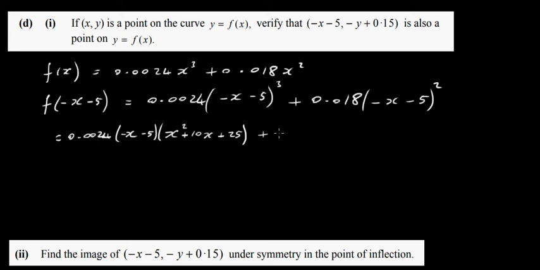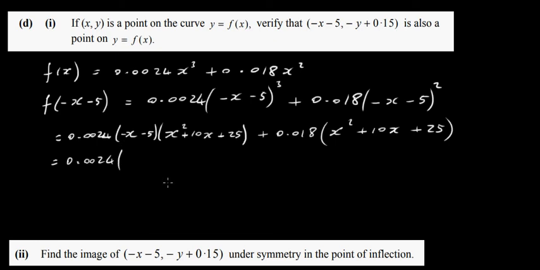And over here then we get 0.018. Now I've already squared this here, so I'll just write it in again. It's x squared plus 10x plus 25. Okay, now what we've got to do is take the 0.0024. Now I'm going to multiply all this out. So multiply the quadratic here by this linear part here.